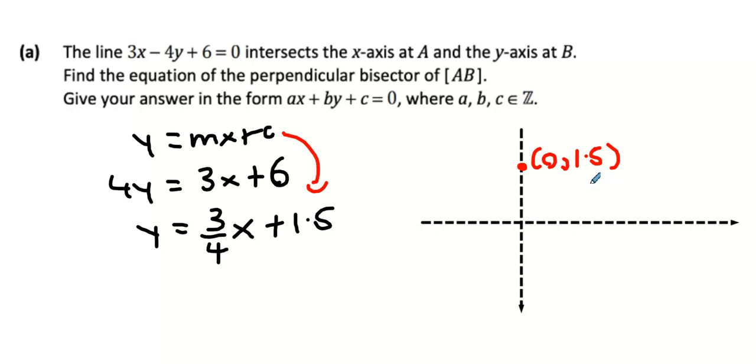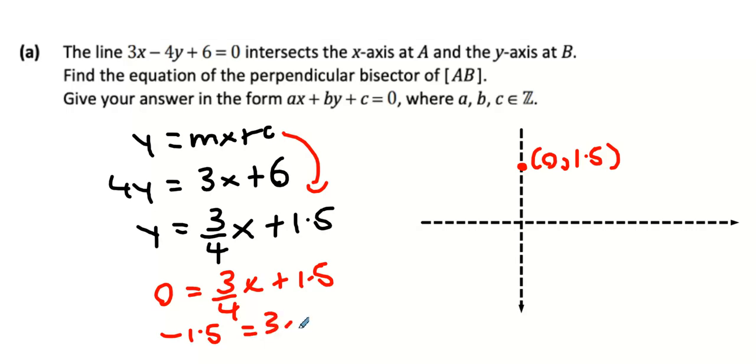Now, next thing is I need to find out where it hits the x-axis, right? Now, what we're going to do is replace y with 0. Is that okay? Replace y with 0, and we get 3/4 x plus 1.5 equals 0. Bring the 1.5 to the other side. What am I going to do with that 1.5 now?